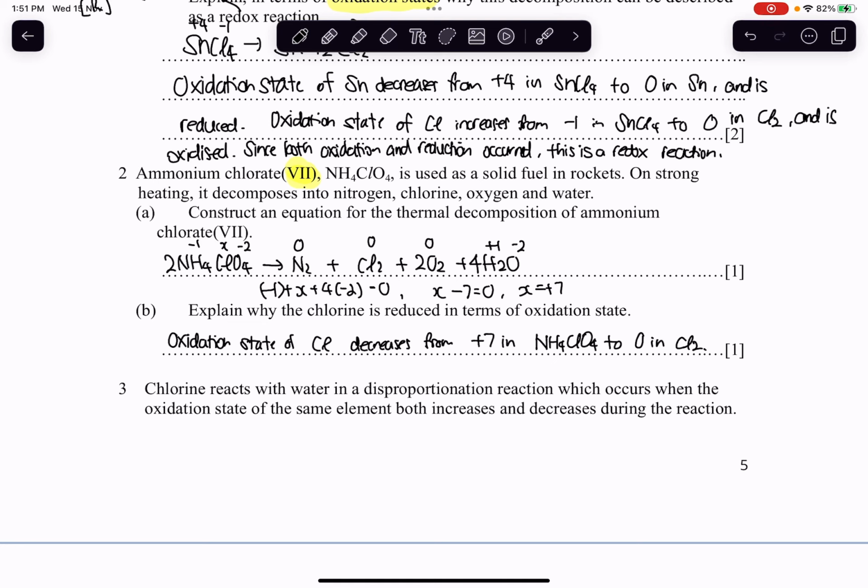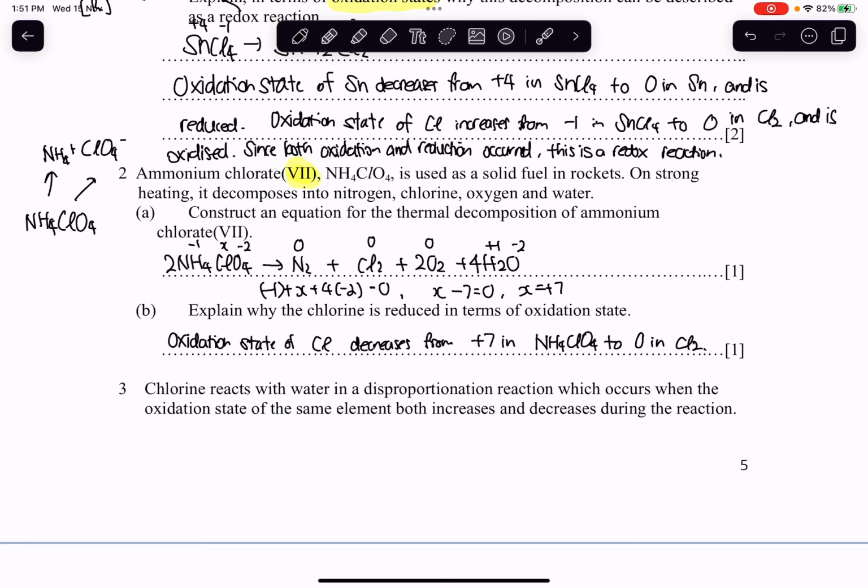Okay, how do we figure that out? You can start with the whole formula, NH4ClO4, because we already know that ammonium must be NH4+, which means that ClO4 must be a minus, because it must balance out the charge.